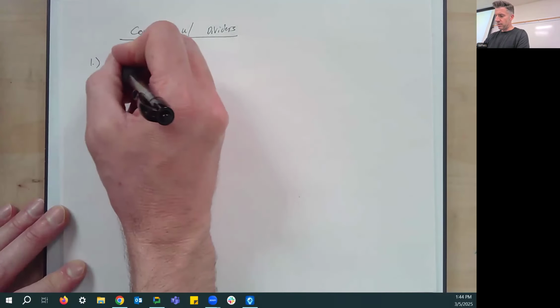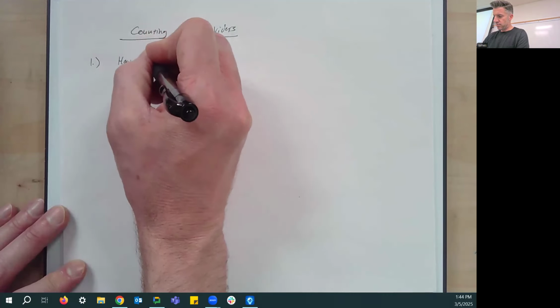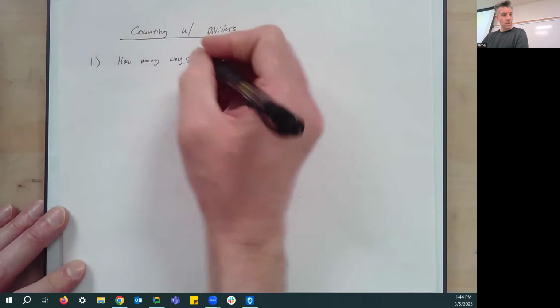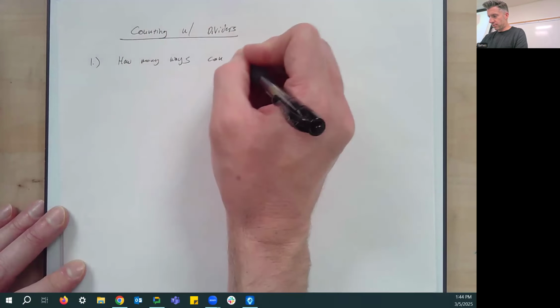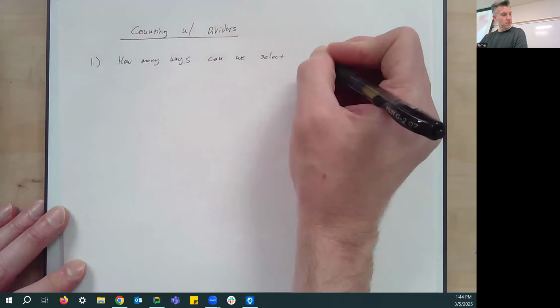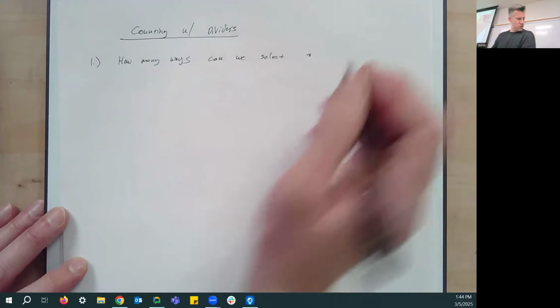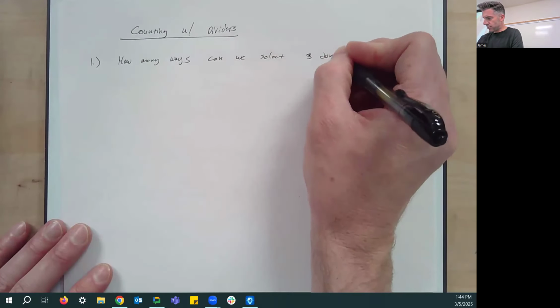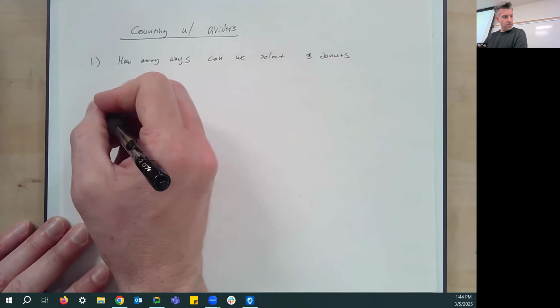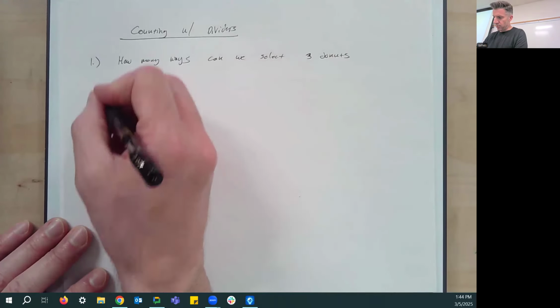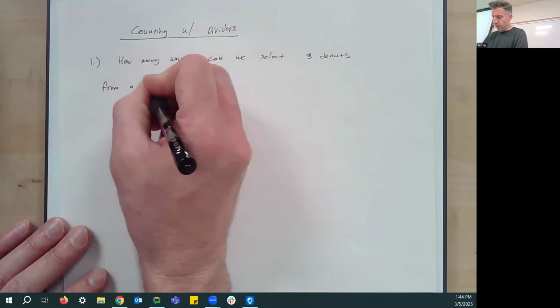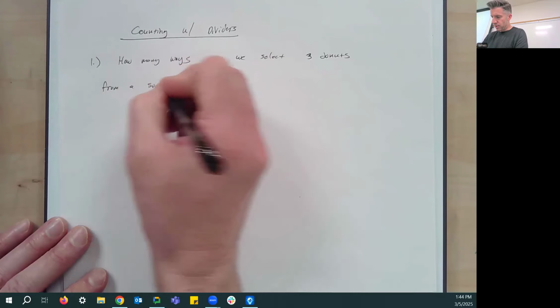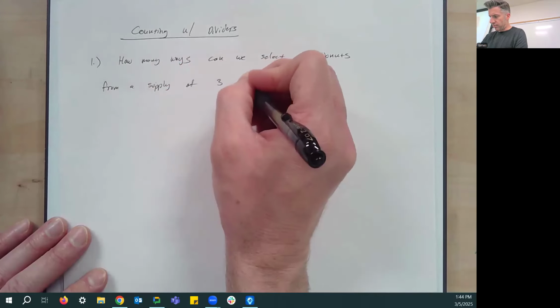How many ways can we select three donuts from a supply of 3 varieties?